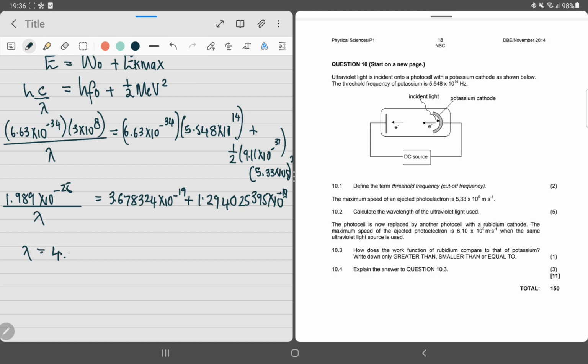So this is 4.00 times 10 negative 7 meters.